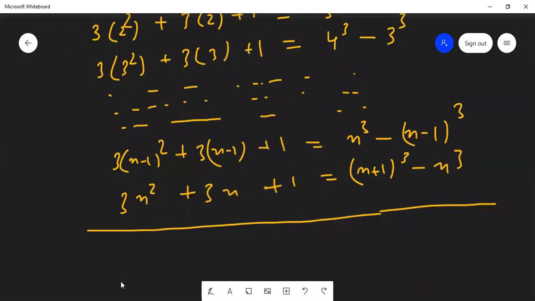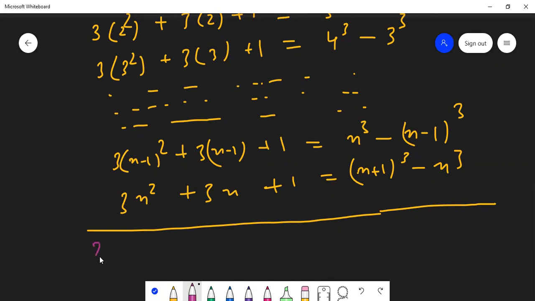When you take 3 common, the first column I'm adding, so I get 3 common, so this becomes 1 square plus 2 square plus 3 square, and it goes up to n square. This column added. All right.